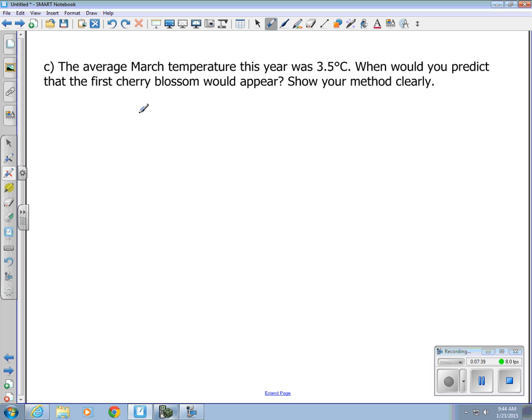Okay, so the next part is to predict how many days in April before the first cherry blossom if the average March temperature was 3.5 degrees Celsius. So try this out and then come back. So this part is pretty easy. For this, all you have to do is use the equation that we got.